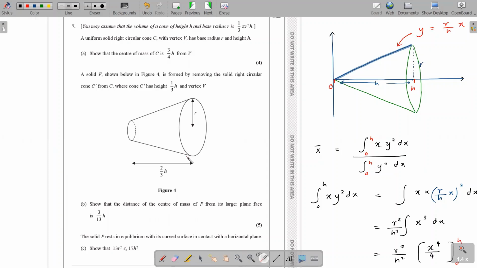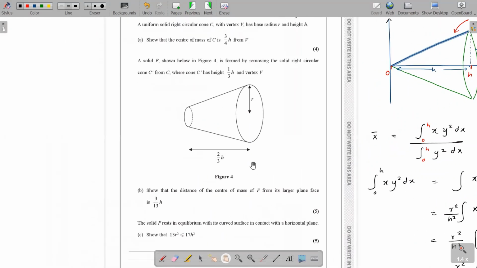Can you see what they're doing? So from the original cone, they're removing the top part of the cone, right? From the large cone, you remove a smaller cone. And this is show that the center of mass of F from its larger plane face. So from the larger plane face, they want to show the center of mass is 3 over 13 h. Okay, how do we do this?